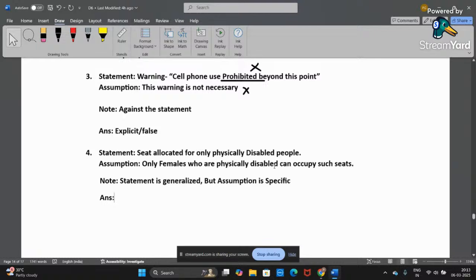Even here, it is not totally satisfying the first statement. This assumption is wrong. Here it is generalized, and here it is specified. So the answer is explicit here. It is not relevant to the statement.